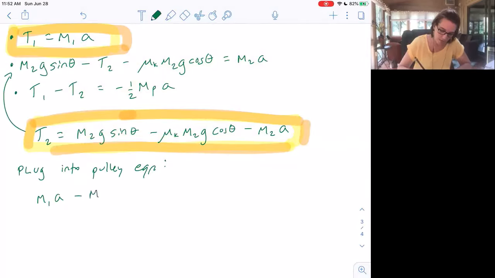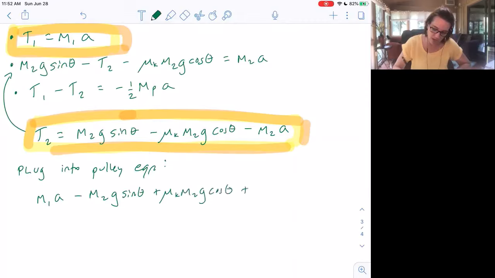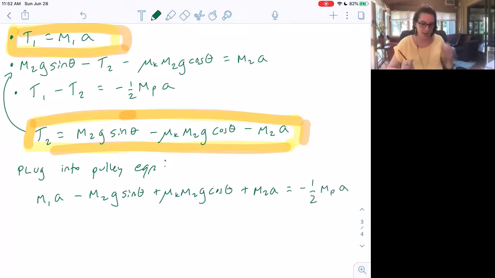So I'm going to make every term there opposite signs. Minus M2G sine theta, and then plus mu sub k M2G cosine theta, and then plus M2A. So that's T1 minus T2, and then equals negative 1/2 m sub p a.